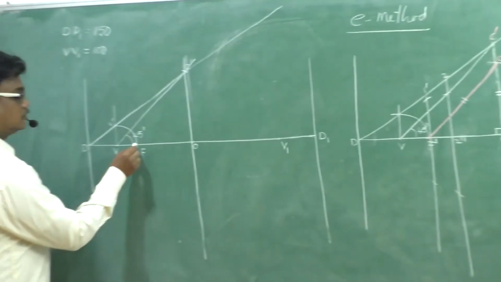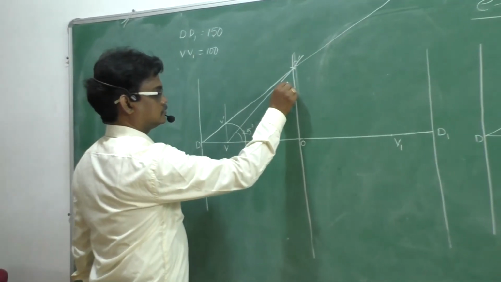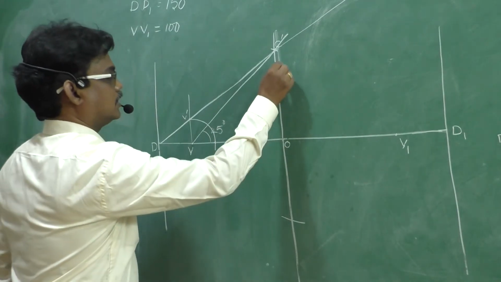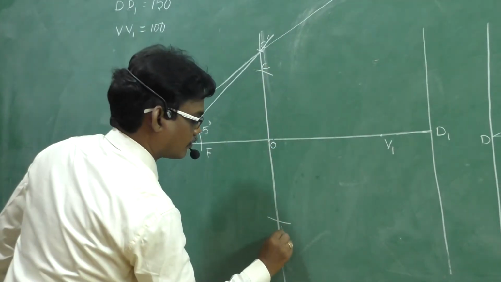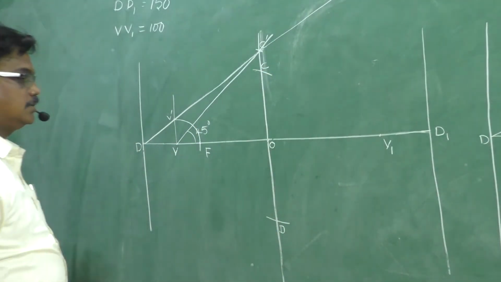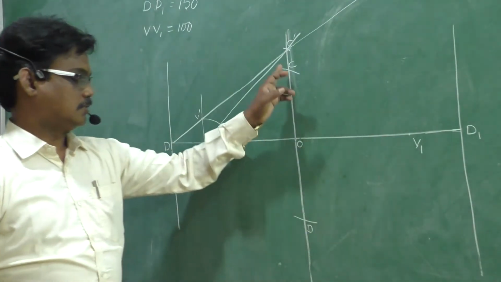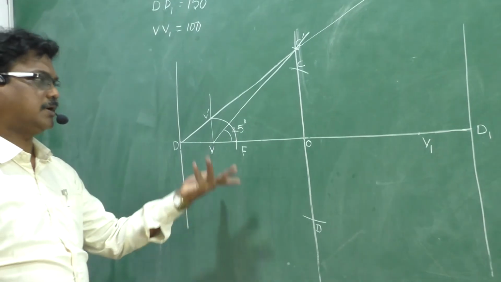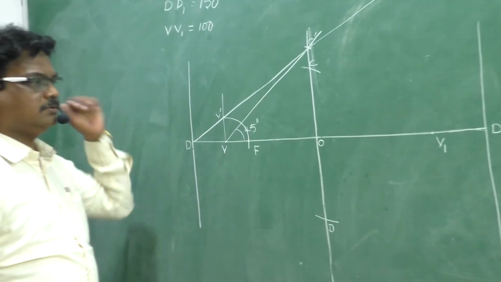Now, if you draw arcs here and here, this will give us the minor axis length. We know the major axis, we know the minor axis. Now we can adopt any method and we can draw the respective ellipse.